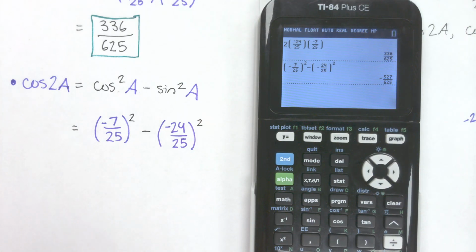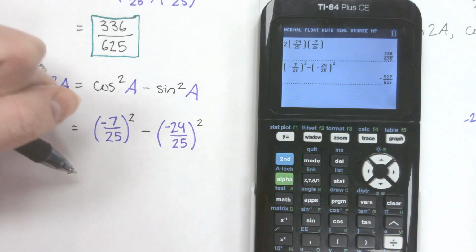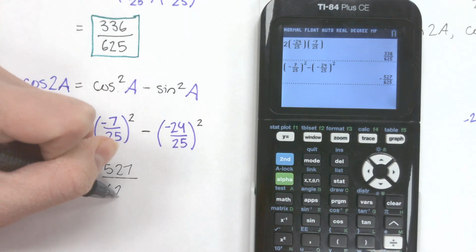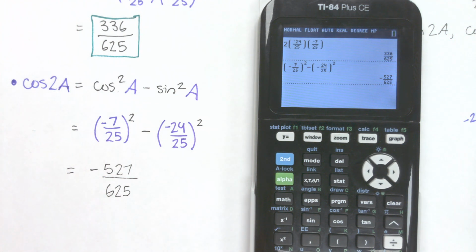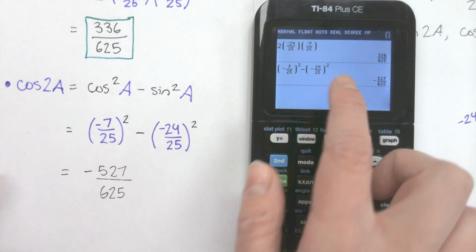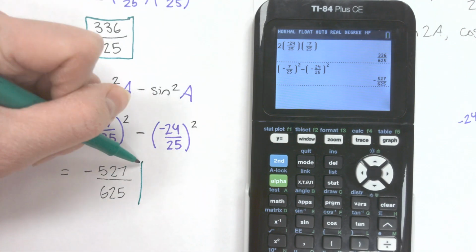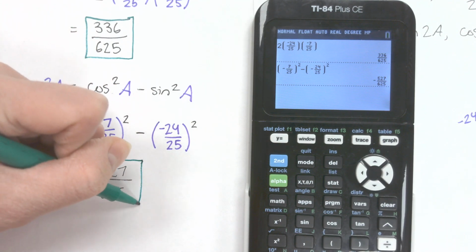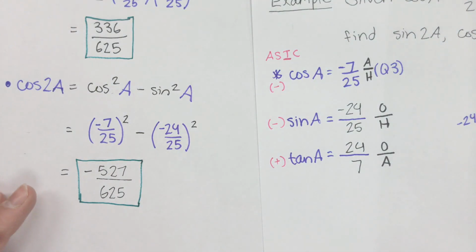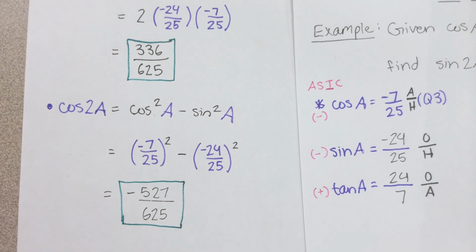Negative 527 over 625. Reminder, if you have this calculator, make sure you're using alpha x to type in these fractions. Will save you some trouble and there's less room for error. Questions on the first two before I do tangent?